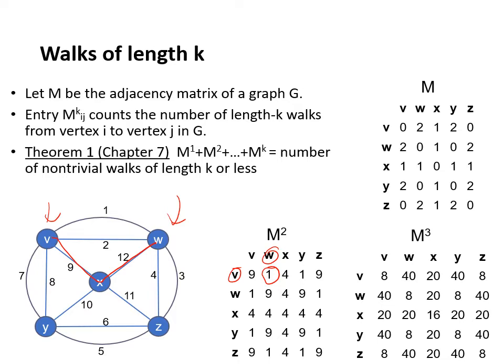And so on. So the number of walks of length k are really easy to compute using matrix multiplication. And note that matrix multiplication is an operation that is really easy to implement in computers, which is why this is a really handy result to know.